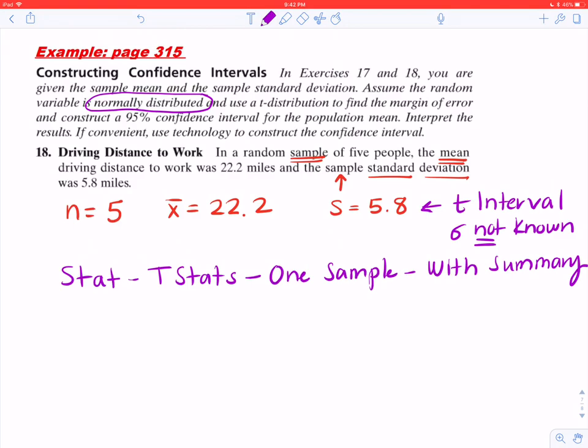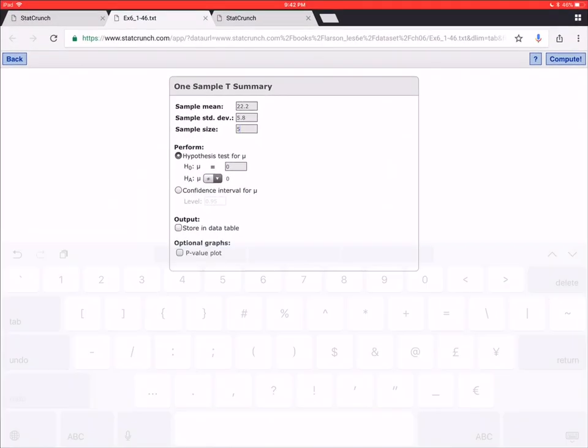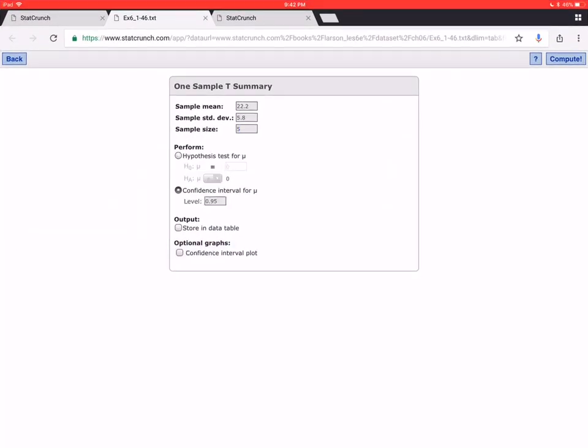Now the other thing I need to pick out here is my level of confidence, just like I did for the Z interval. So we're going to be doing a 95% confidence interval, estimating the population mean. So once again, I'm going to come down here and click confidence interval.